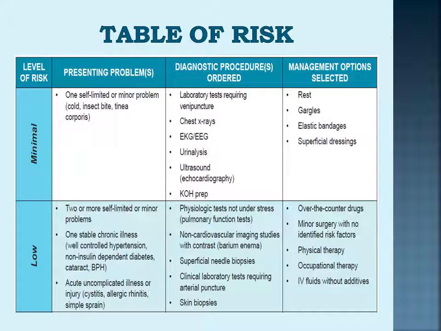Again, the diagnostic procedures are usually pretty minimal. And then the management options, here this would include your over-the-counter drugs, minor surgery, physical therapy, occupational therapy, maybe some IV fluids.